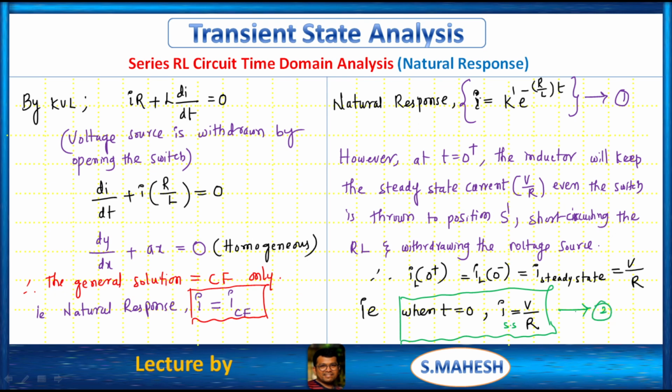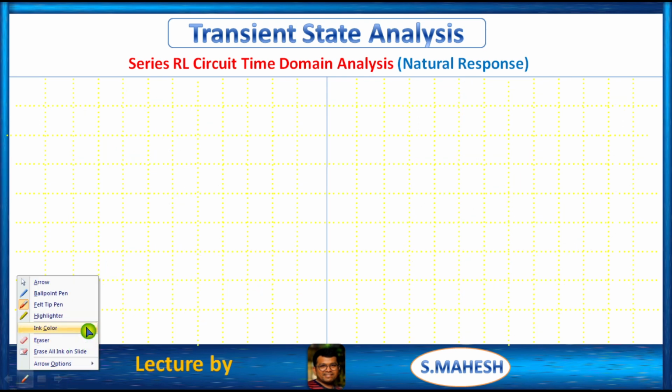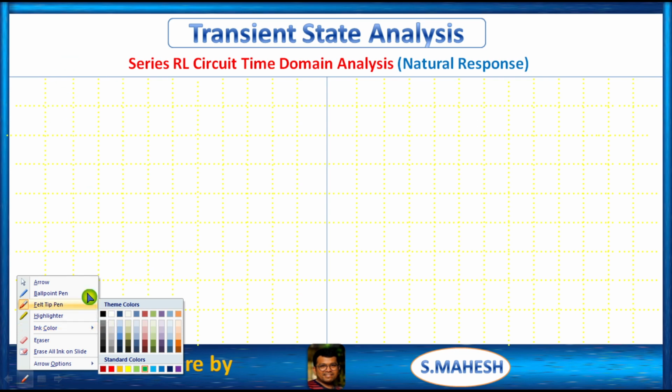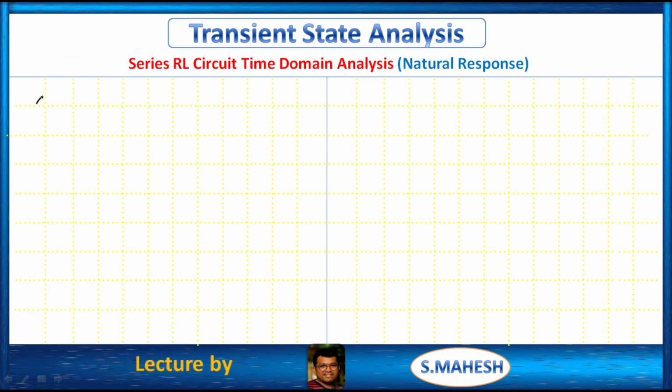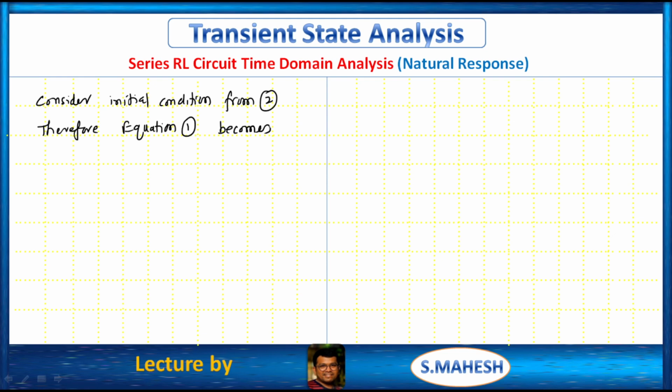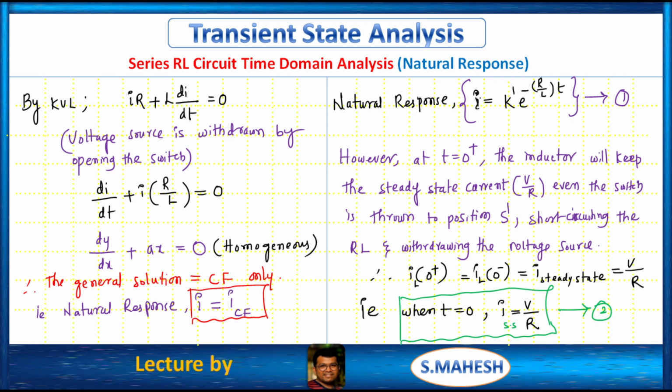equation 2. Let us say this is 2. Consider the initial condition from 2. Therefore, equation 1 becomes I equals K dash e power minus R by L into t.